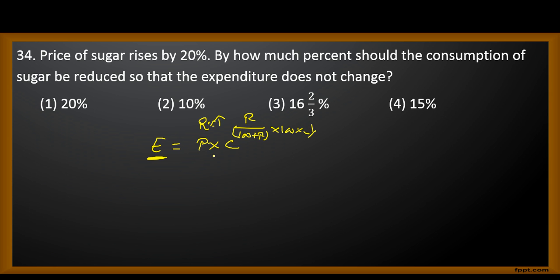Simple. 20% rise means the consumption must be reduced by, r is equal to 20 given, 20 by 120 into 100, which is equivalent to, the zeros get cancelled, 2 ones are 2, 6s. 100 by 6 is nothing but 16 2 by 3%. The answer is option 3.